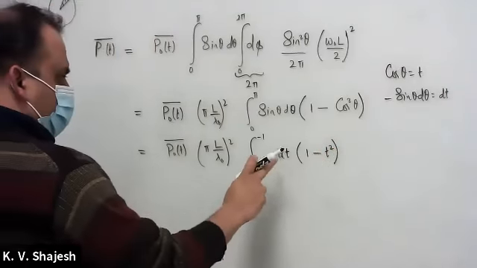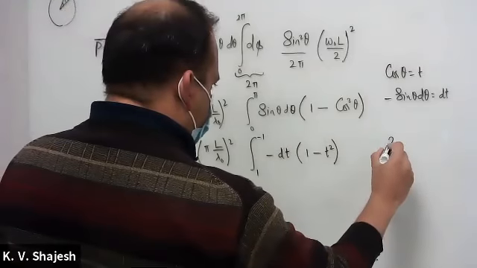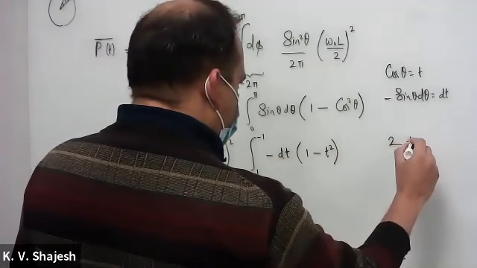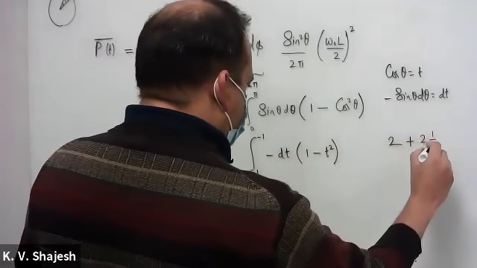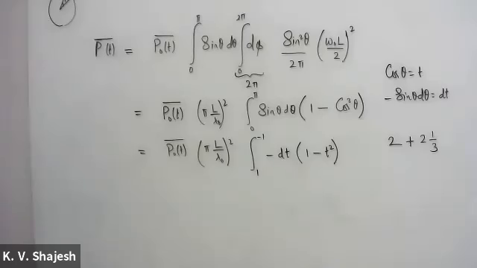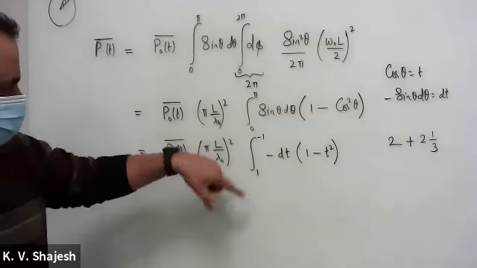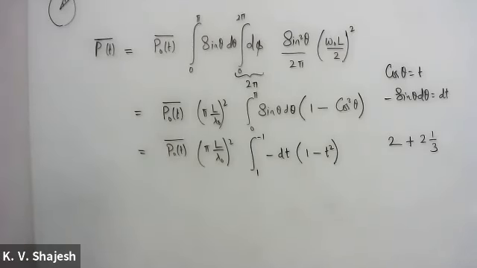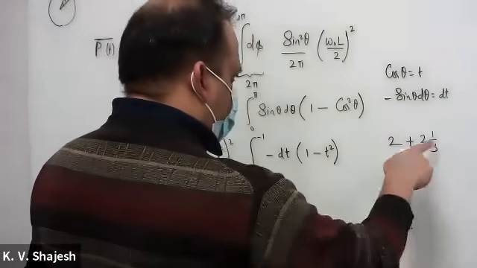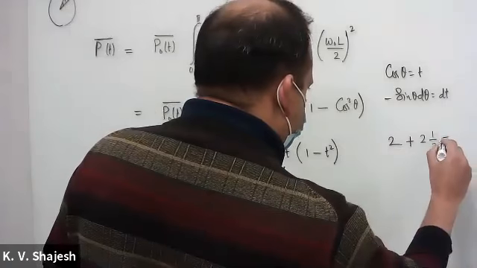That integral evaluates to 2 from the first part, and the second part gives you t squared over 3, so 1 over 3 from each limit, so it's 2 over 3. So 2 plus 2 over 3 is 8 over 3.